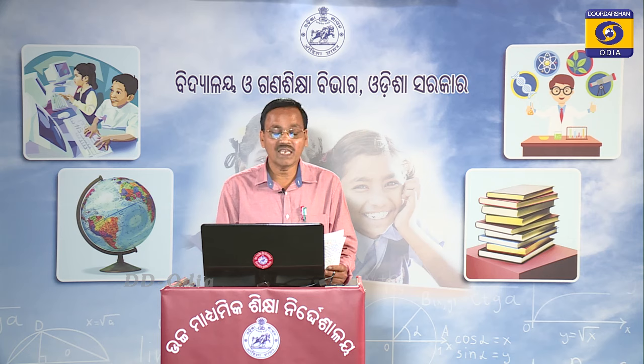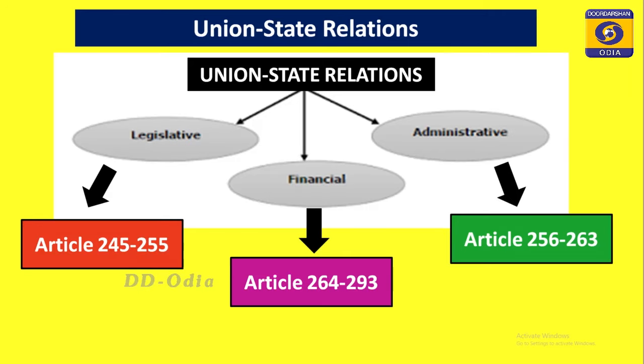Legislative relationship, administrative relationship and financial relationship. Legislative relationship and administrative relationship are given in part 11 of the Indian Constitution. Legislative relations are given from article number 245 to 255. Administrative relations are given in articles 256 to 263.